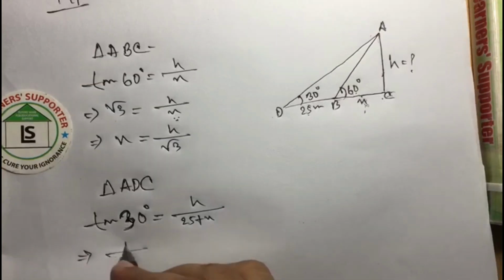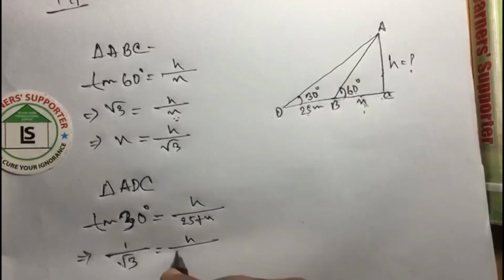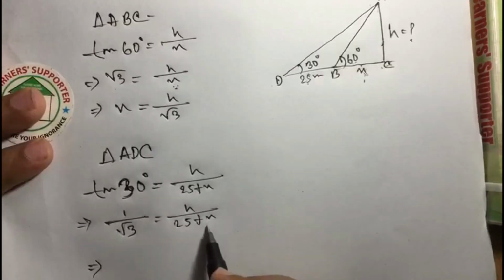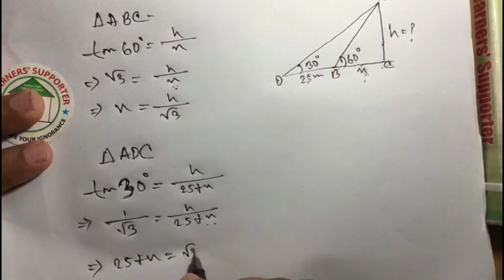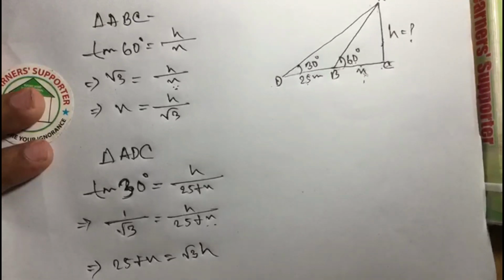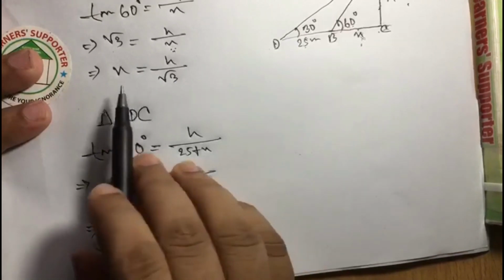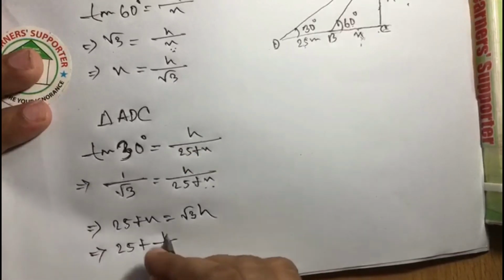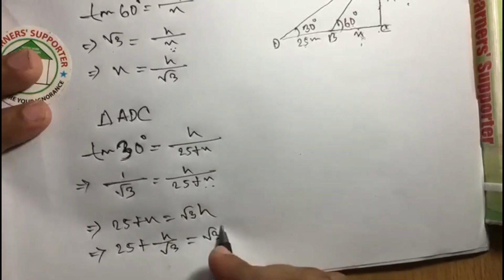Then tan 30 degrees equals 1 by root 3. I can transfer 25 plus x to the left side. It is in division with h on the right side. If I transfer it to the left side, it will be 25 plus x and root 3 h. 25 plus, I have got x equals h by root 3. That means I can write here h by root 3 and root 3 h.